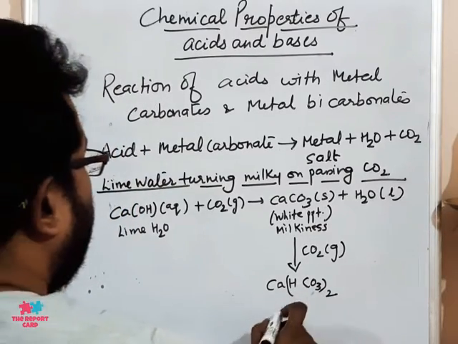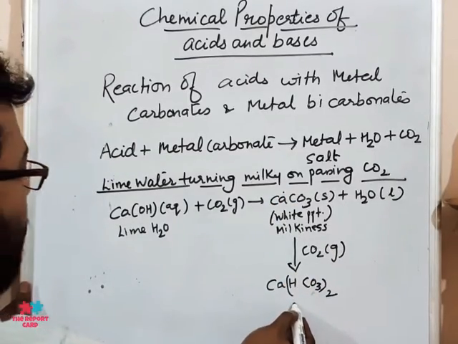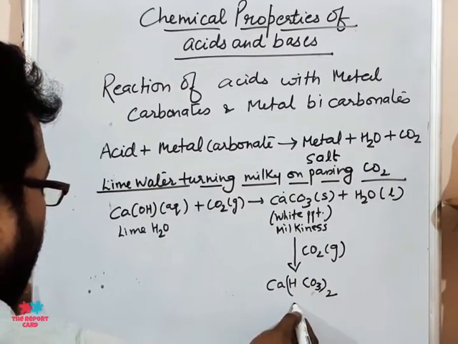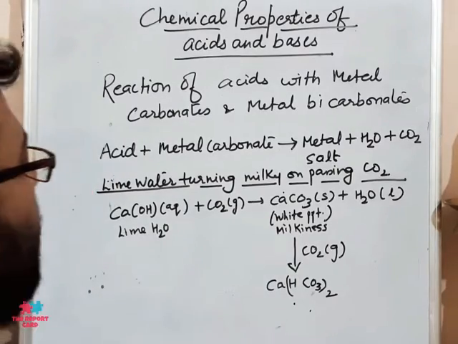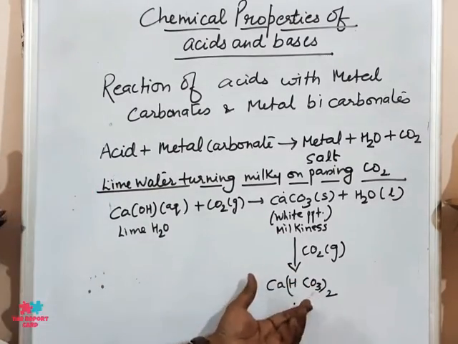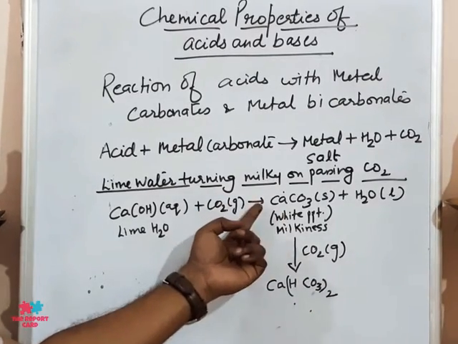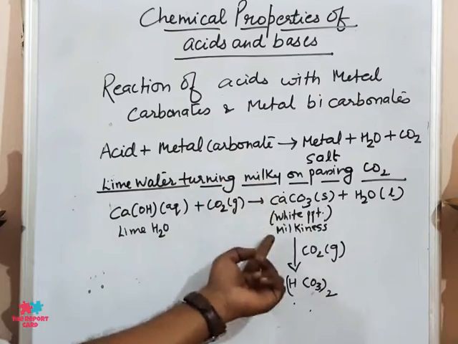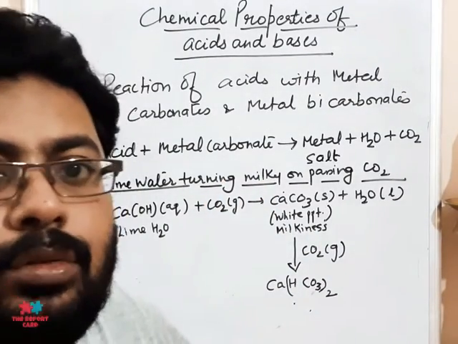This is calcium carbonate, and this is calcium bicarbonate. And it is soluble in water, so the milkiness simply disappears. Here it is insoluble, so it appears as a milky precipitate. Is it clear to you?